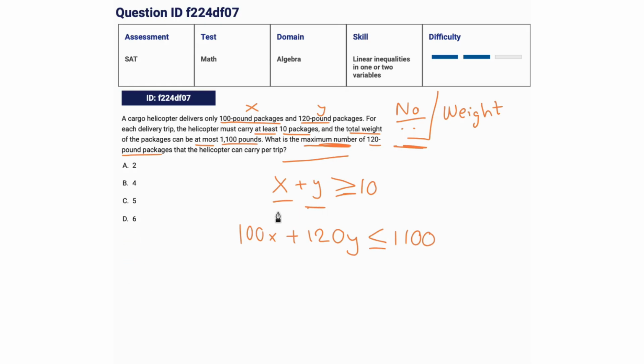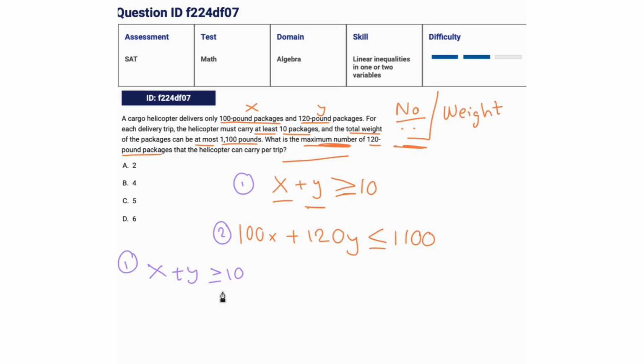First, let's label them. 1, 2. Equation 1: x plus y is greater than or equal to 10. I'm going to be choosing y to be sent to the other side, and I'll tell you why.